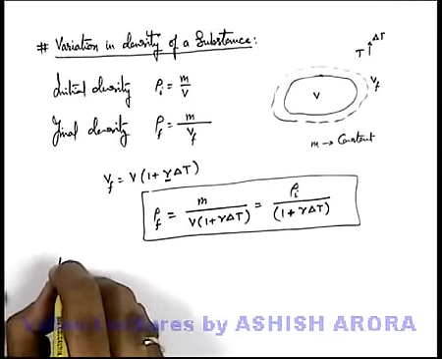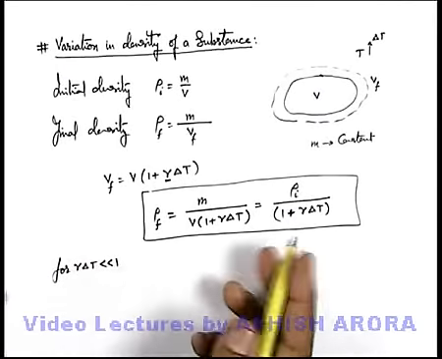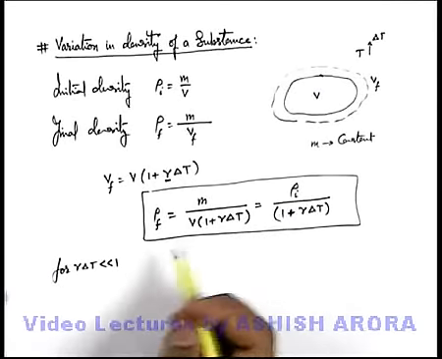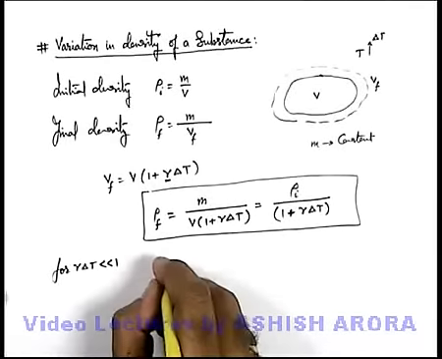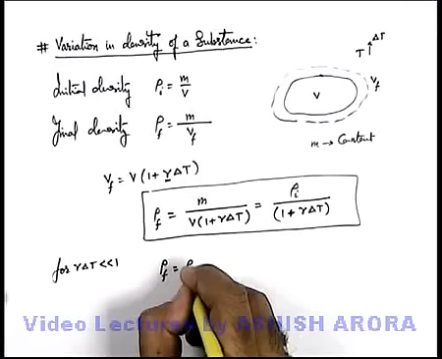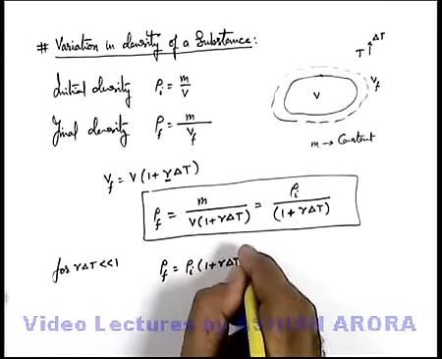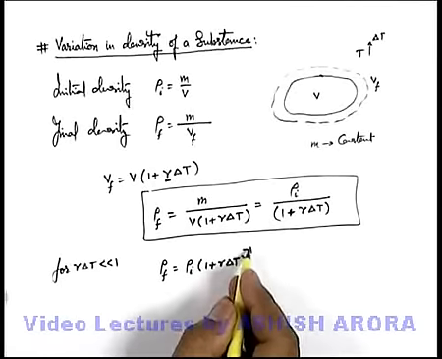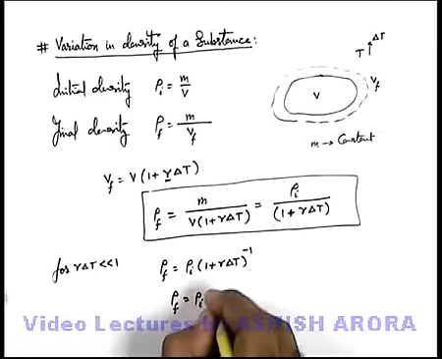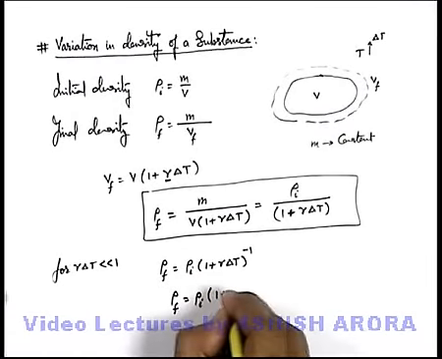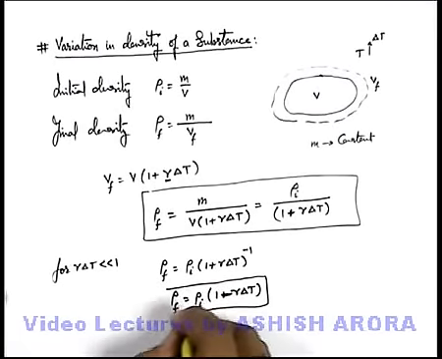So here we can write, for gamma delta T very much less than 1, because generally solids expand less and liquids expand more for the same rise in temperature, your final density as initial density multiplied by (1 plus gamma delta T) to the power minus 1. And this minus 1 can be taken in, and final density you can write as rho I (1 minus gamma delta T). This is the relation we use.